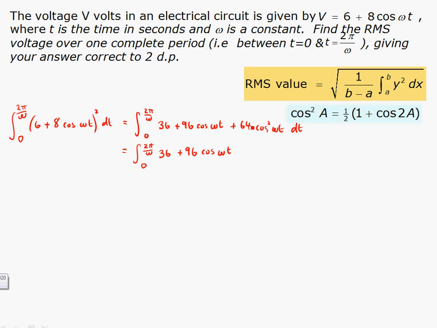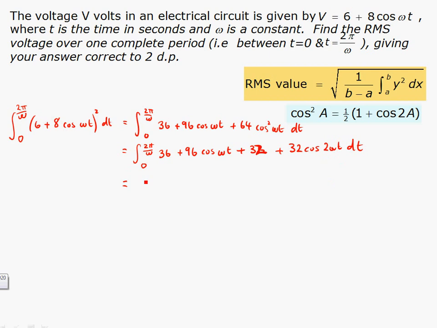Now the half and the 64 will give us 32, so I'll get 36 plus 32, that's the 1, plus 32 cos 2 omega t dt. And now this cosine term is just a multiple angle, so we can find that from the formula sheet.